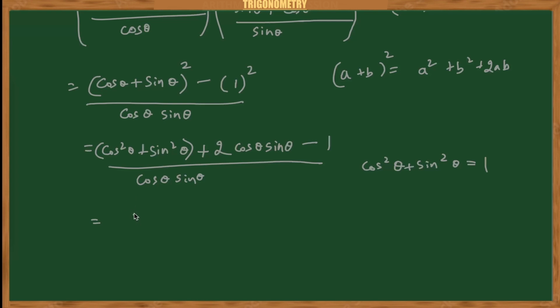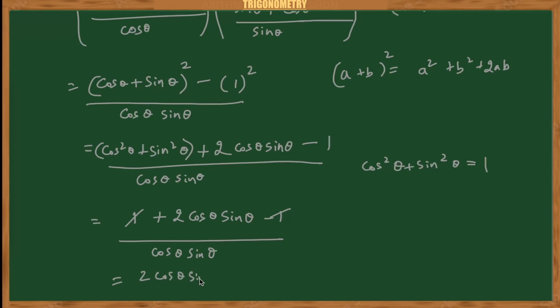Its value is 1 plus 2 cos theta into sin theta minus 1, divided by cos theta into sin theta. If you can see, plus 1 minus 1 get cancelled. Let's bring it down further: 2 cos theta into sin theta divided by cos theta into sin theta.